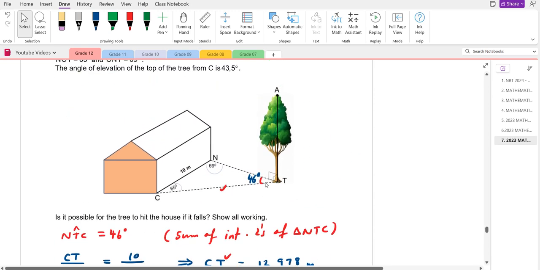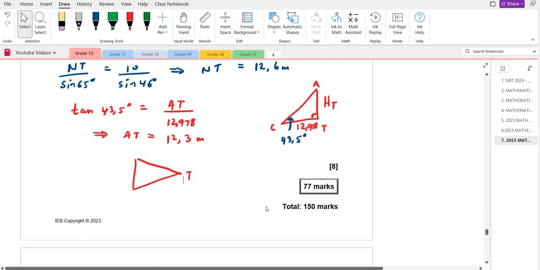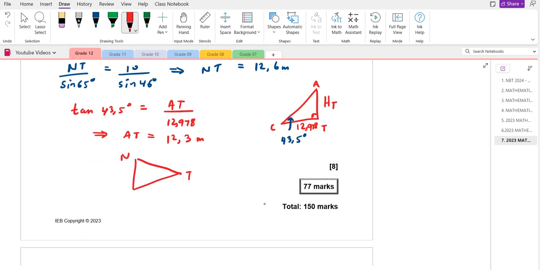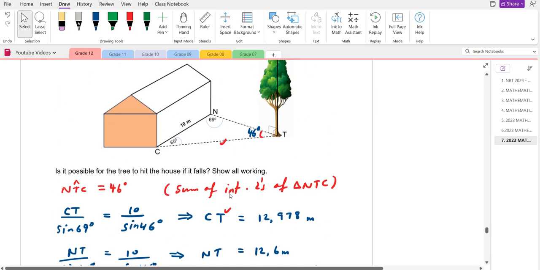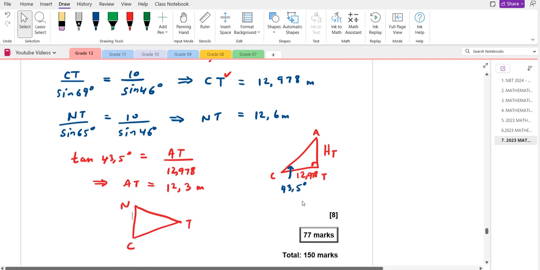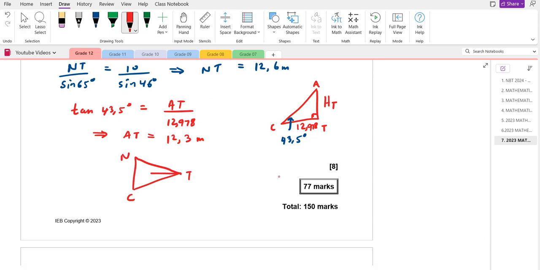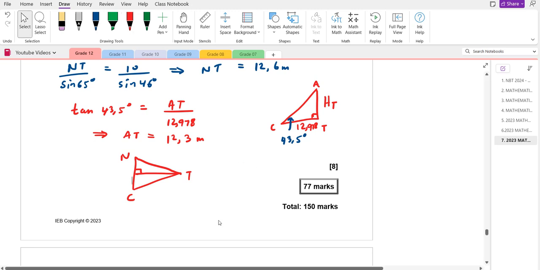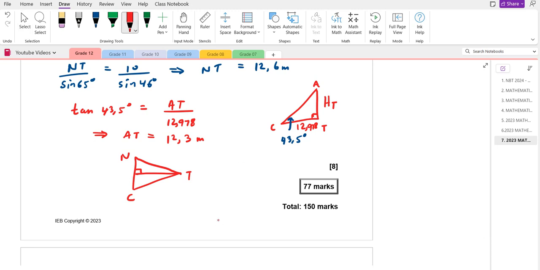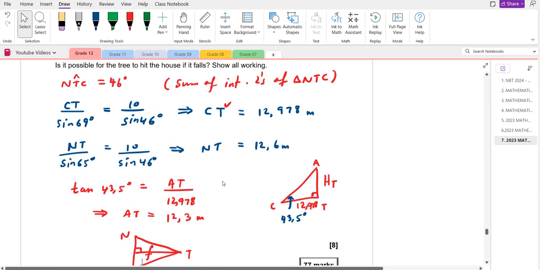And that's NC, right? And we know the angle at N. So I'm just looking at this NCT. I want to calculate if the tree falls straight ahead, perpendicularly, right? If the tree falls in this direction, let's call it F. Where's the tree?